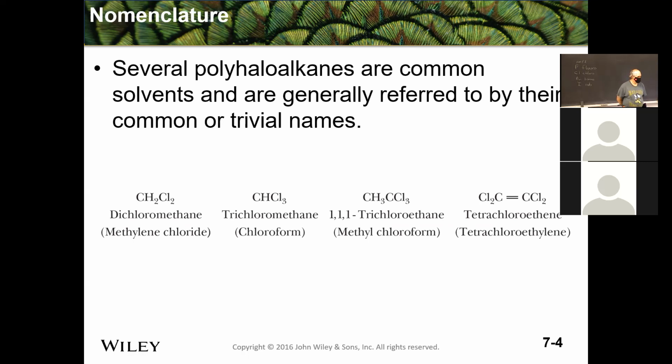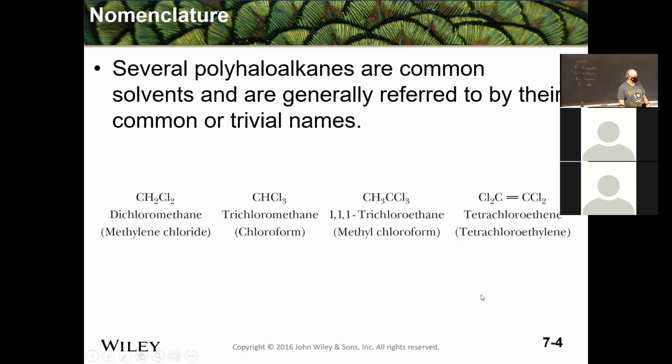CHCl3 is trichloromethane, commonly known as chloroform. Also a common solvent. A long time ago, it was used as an inhalation anesthetic, but it was actually very dangerous and carcinogenic, so it's no longer used for that purpose.